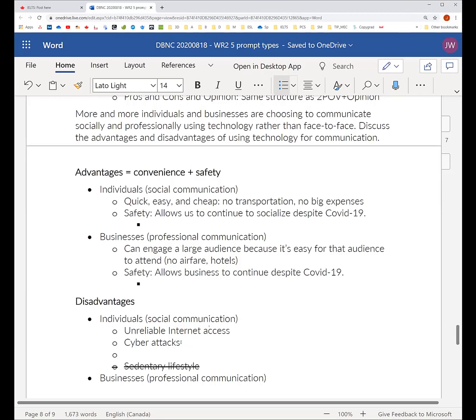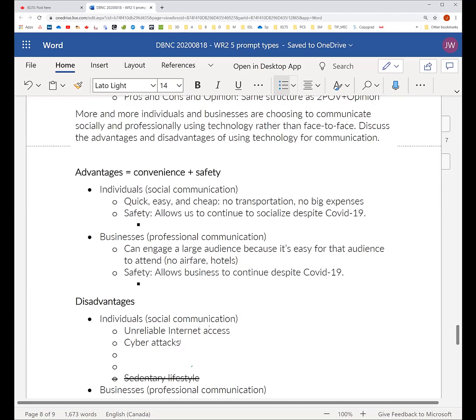How about privacy? Privacy in what sense? Like everything is online, like your Facebook account and your Insta, and everyone can see it. And sometimes people take advantage. Yes, but does that impact the communication itself?